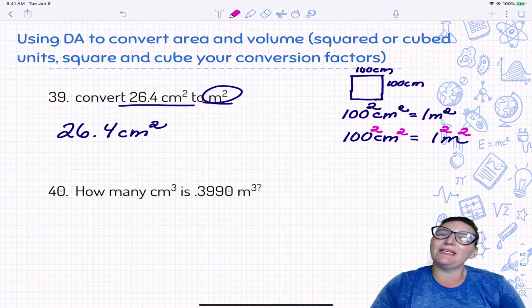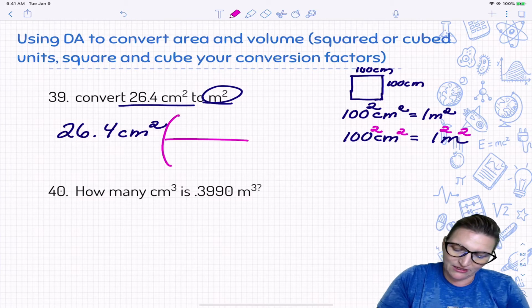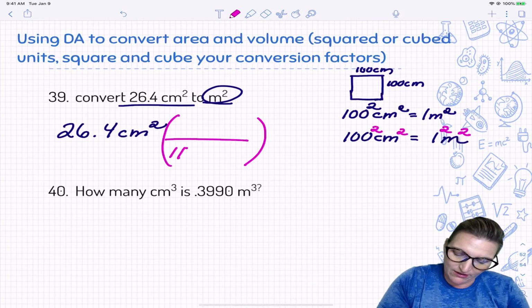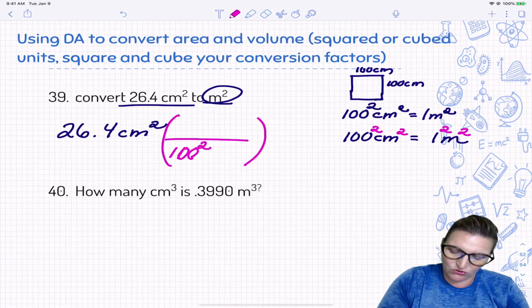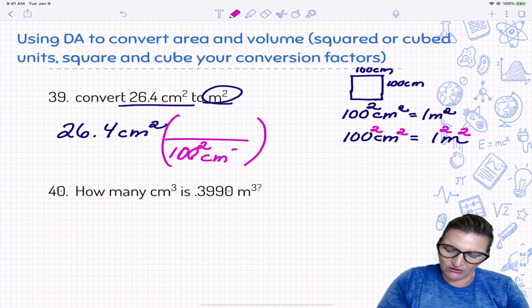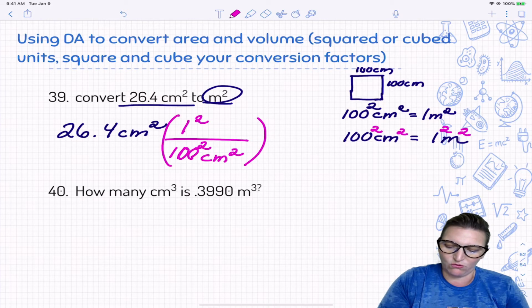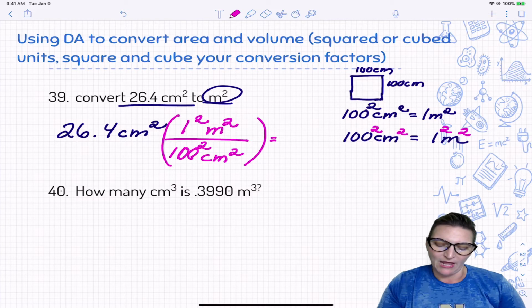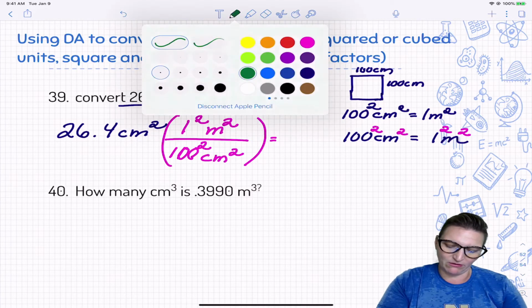And really, the only number that you need to worry about is the number that's not 1. So this is the conversion factor that I'm going to put in my parentheses. 100 squared centimeters squared is equal to 1 squared meter squared. Now we know that when you square the number 1, it just equals 1. And so what am I plugging into my calculator here?